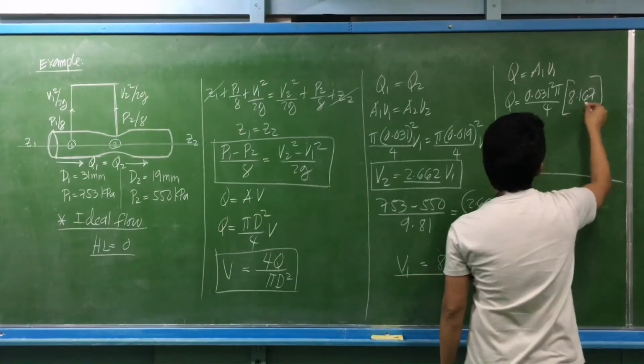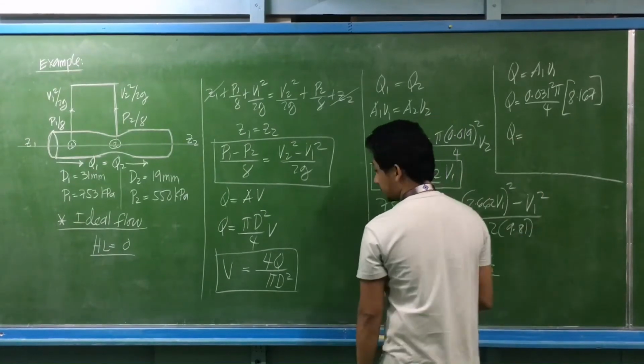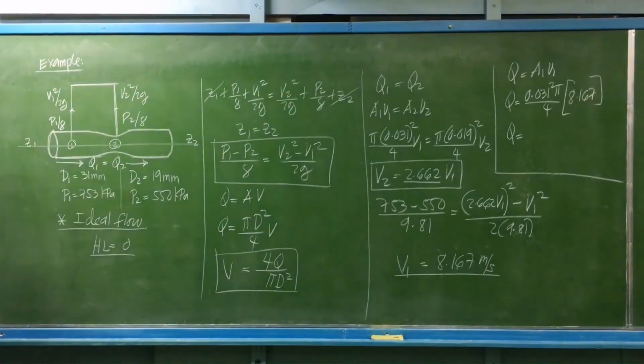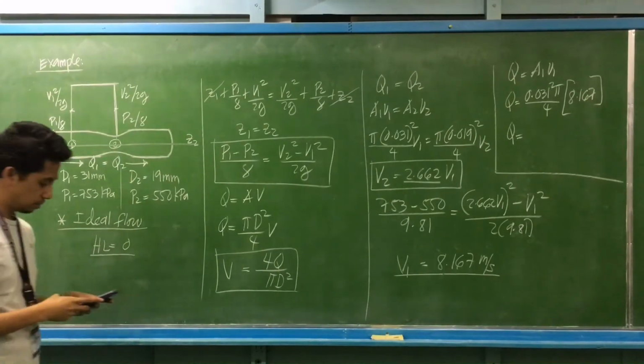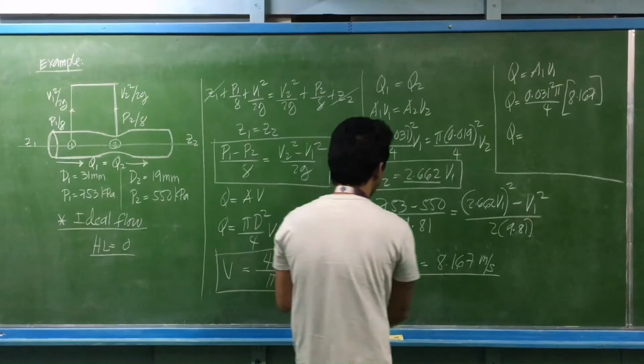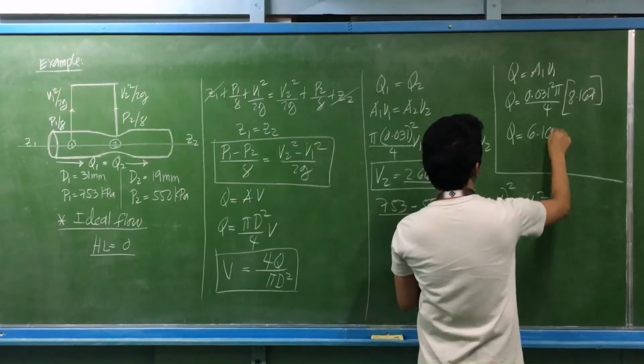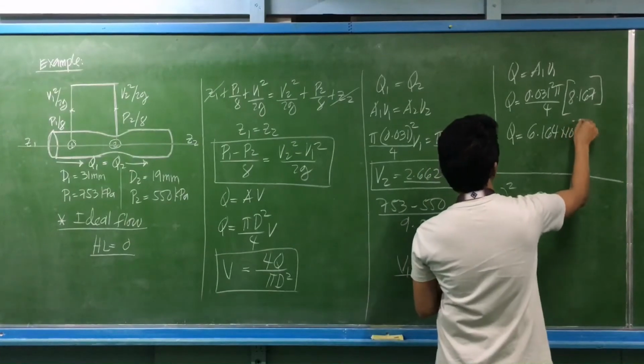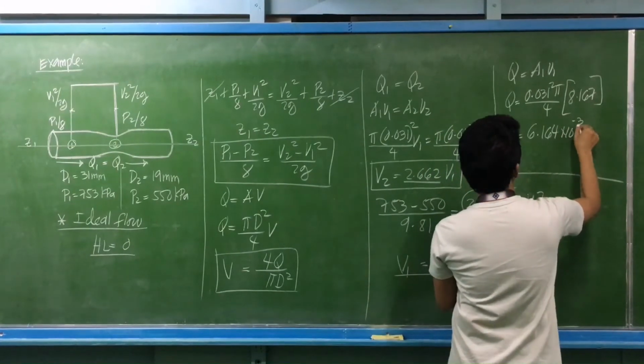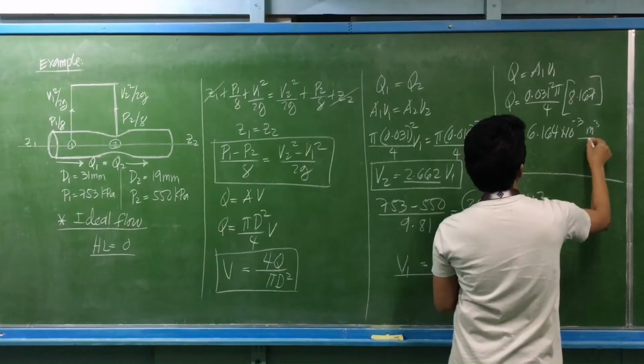8.167. So we have the discharge, which will be equal to 6.164 times 10 raised to negative 3 cubic meters per second.